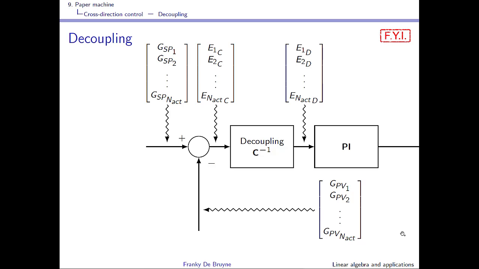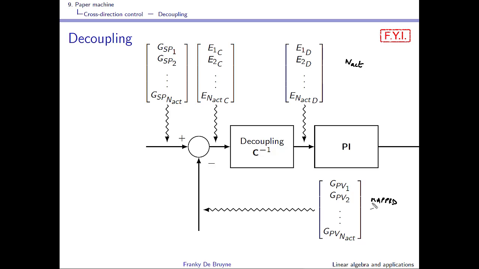Remember that you have a number of actuators, that is n act, and that you have a corresponding number of measurements that is given in this mapped profile. These are grammage measurements, and you have n act measurements, one corresponding to every actuator.